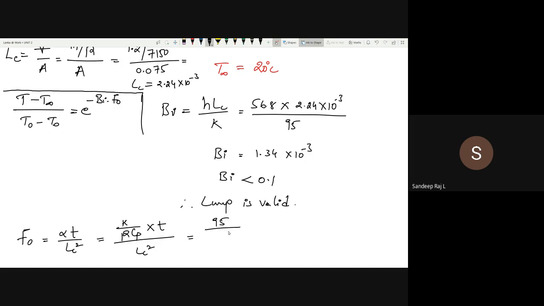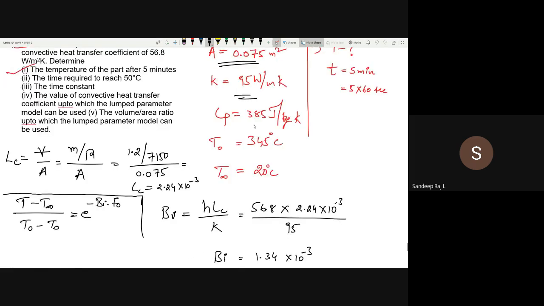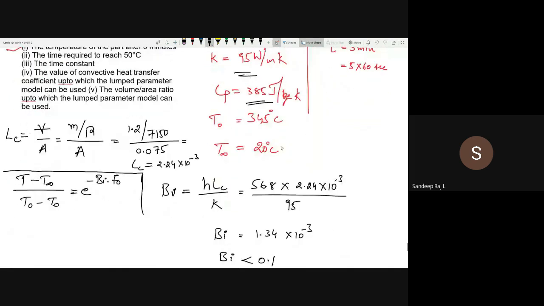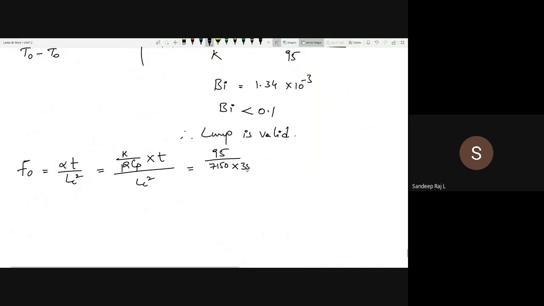The rho value is 7150 into the Cp value. 385 is given in the question, isn't it? And t is 5 minutes, so it is 5 into 60 seconds by the LC value we have just found out.